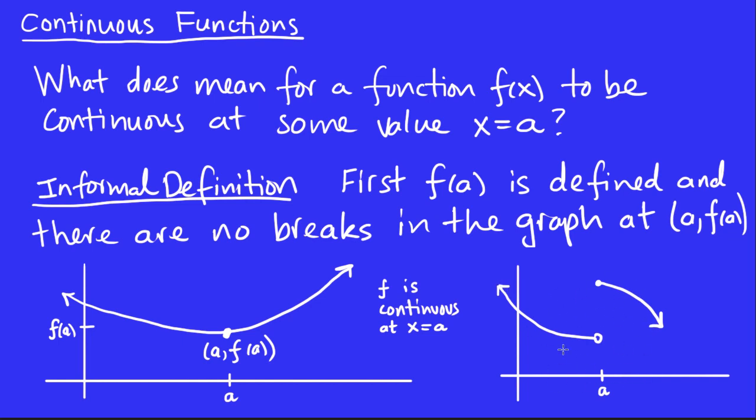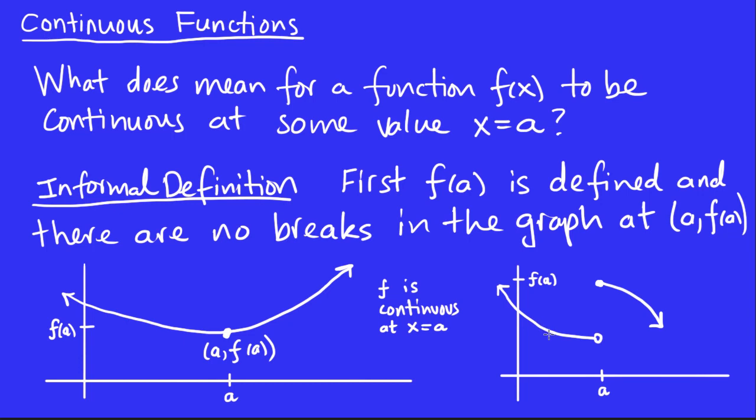Just by looking at that, is this function going to be continuous at x equals a? Well, first of all, we need f of a to be defined. Is it true that f of a is defined? Yes, it is. Because, look right here, we have a solid dot. So f of a is actually this value over here on the y-axis. But there is a break in the graph, right?